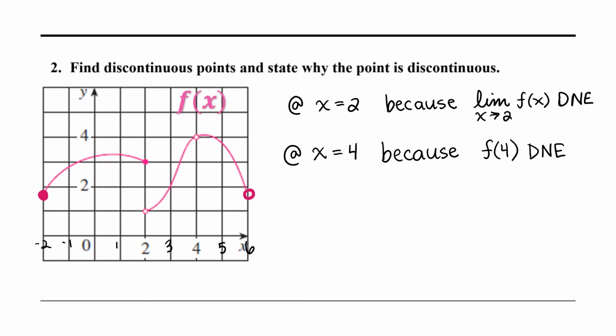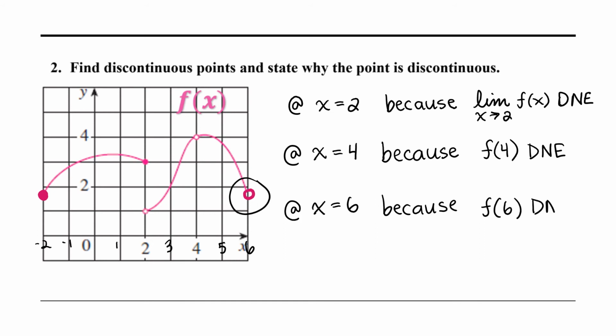And then again, at x is equal to 6, although my limit exists, f of 6 does not exist or is undefined. So I have 3 discontinuities for f of x.